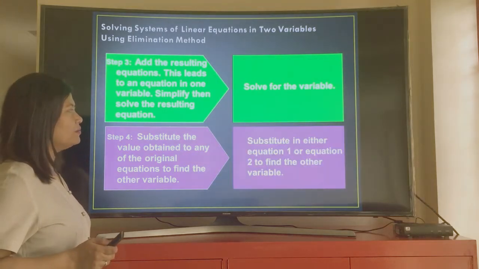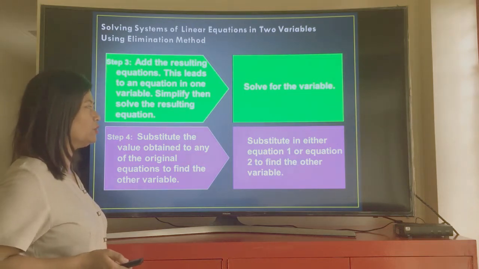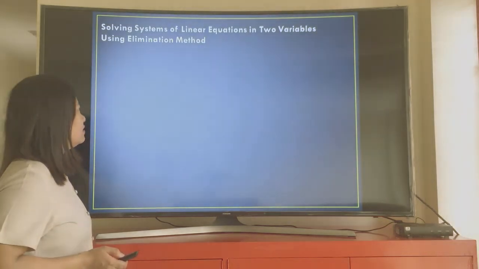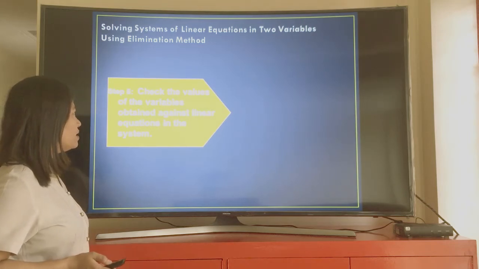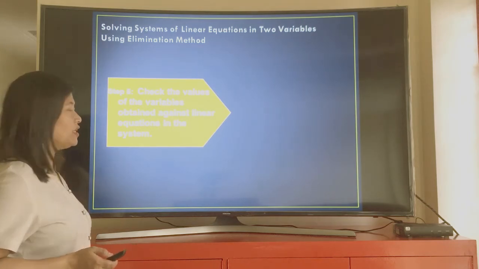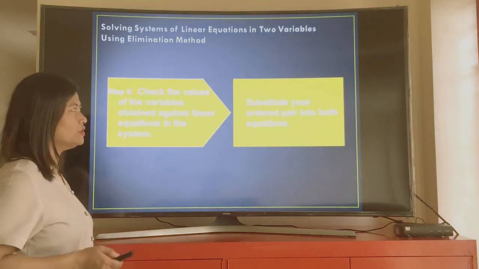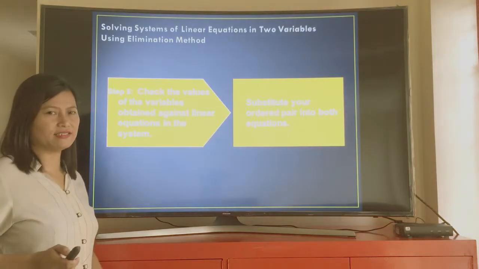So in this step, we substitute in either equation 1 or equation 2 to find the other variable. And step 5, check the values of the variables obtained against the linear equations in the system. So substitute your ordered pair into both equations.